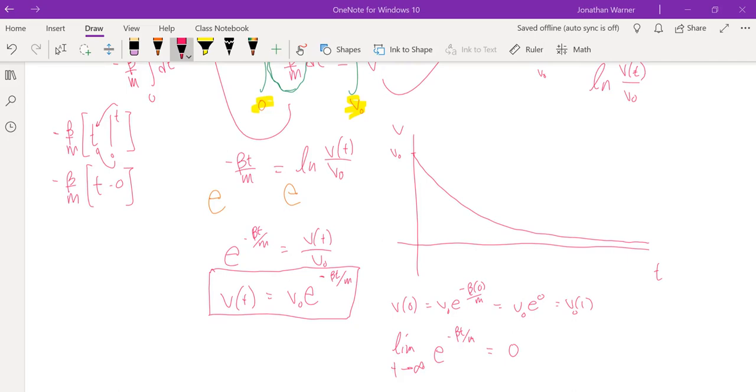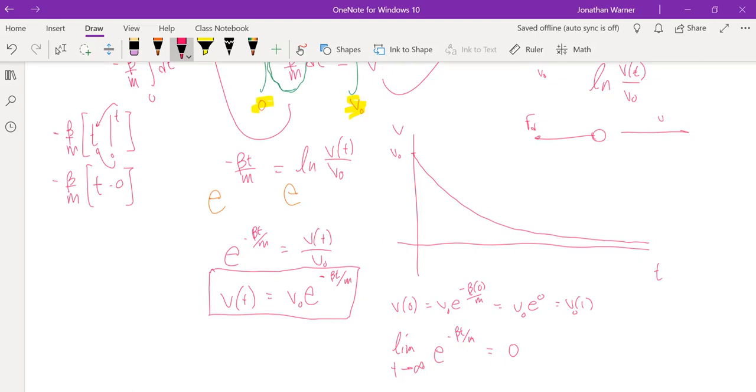So what I'm getting at is this function approaches 0, so the velocity approaches 0 as time gets really big, but it never technically gets there. And why is that? Let's think about what happens as time goes on. Early on, we have a big velocity and a big force.